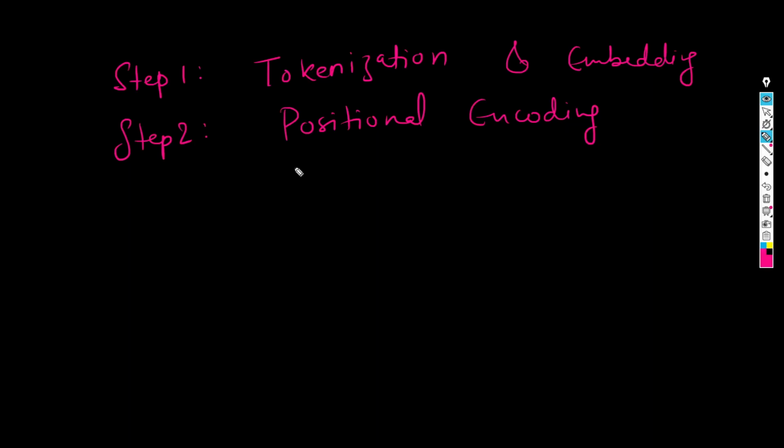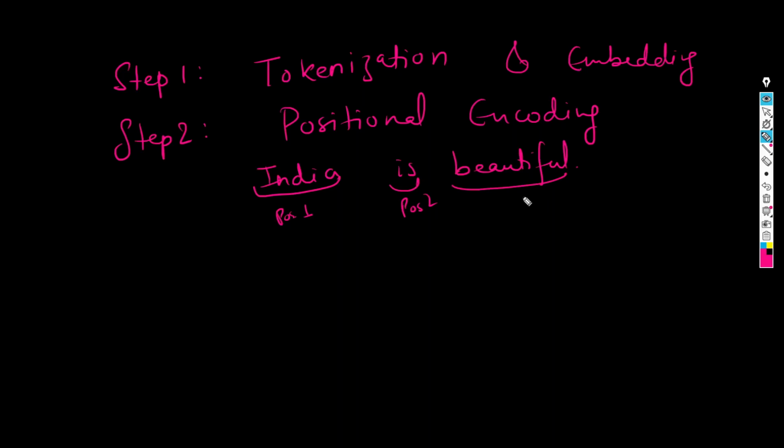For example, again, we'll take the same example of "India is beautiful." India is position 1, is is position 2, beautiful is position 3, and so on. So positional encodings are added to the embeddings as well.